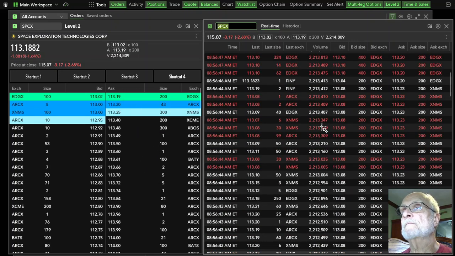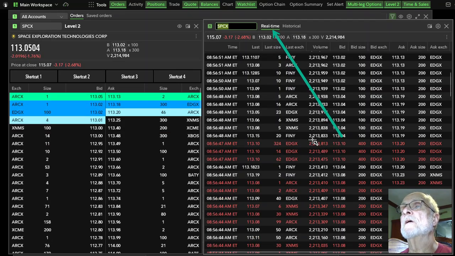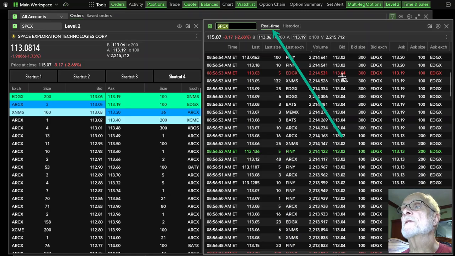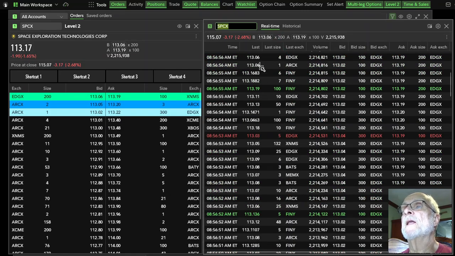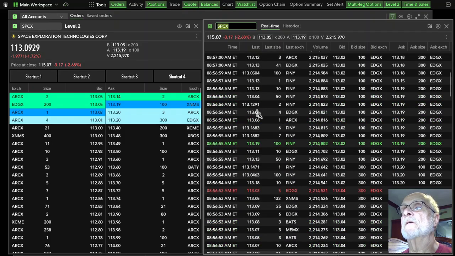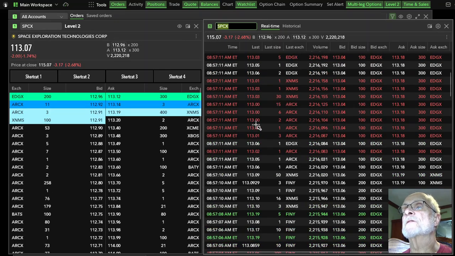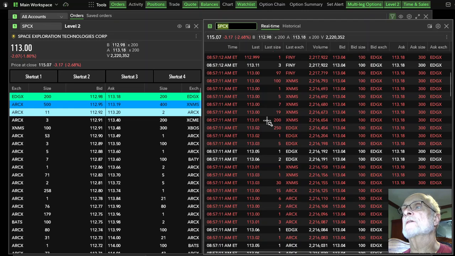On the right side of the screen, you can see the real-time quotes or orders actually. So you can see what was actually traded and how much the investor was willing to pay. Green would typically indicate that the share price went up from the previous price, and red means that it's dropped from that price.